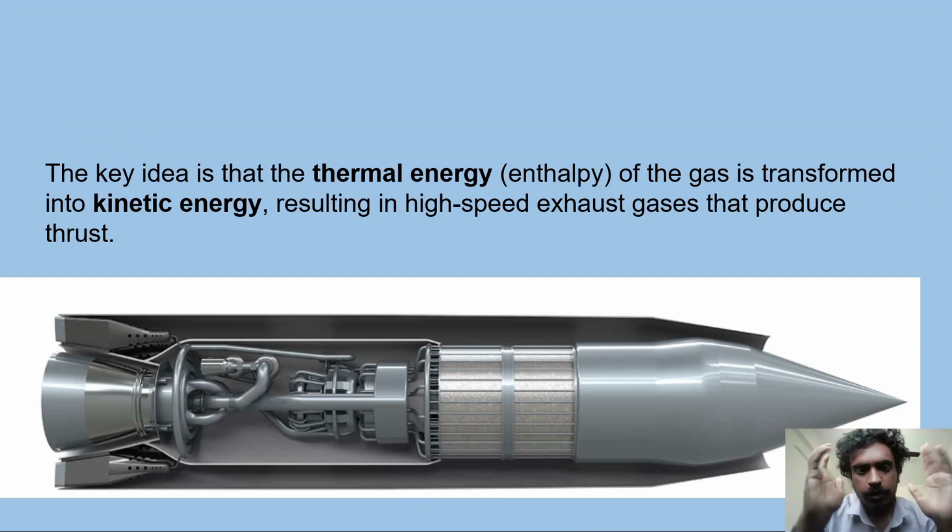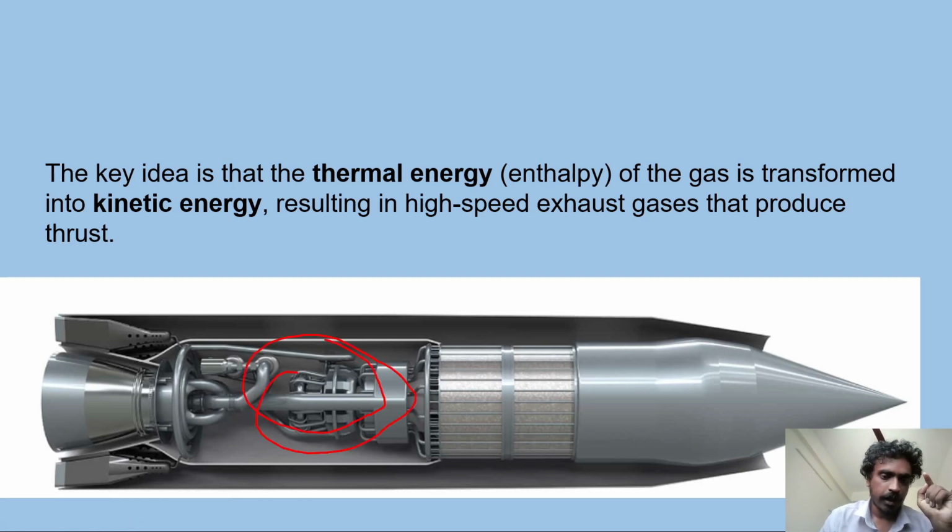The key idea of this video is the thermal energy of the gas. The gas is getting heated up due to the fuel mixed in. The fuel burns, the temperature of the gas rises due to the burning of fuel, and we are confining the gas.